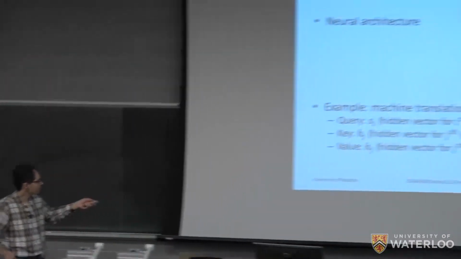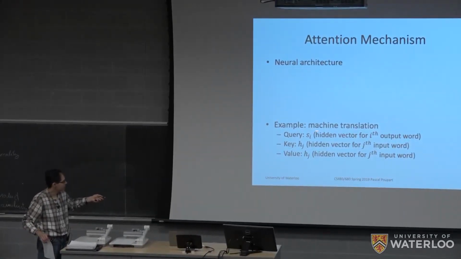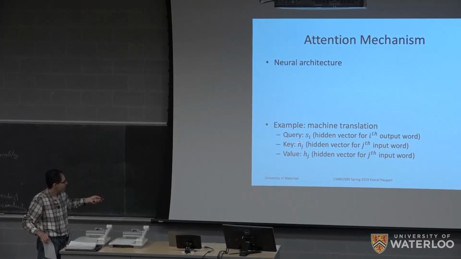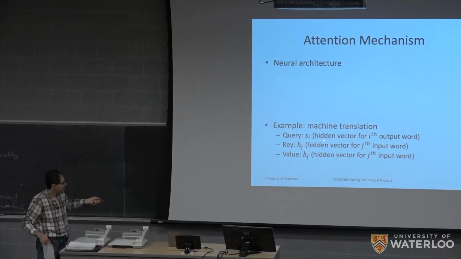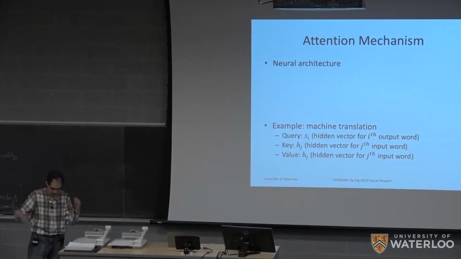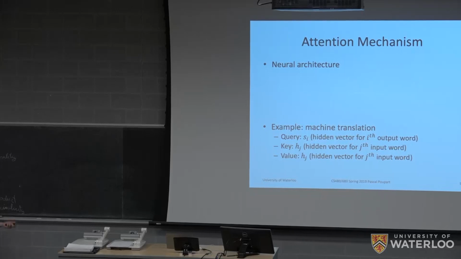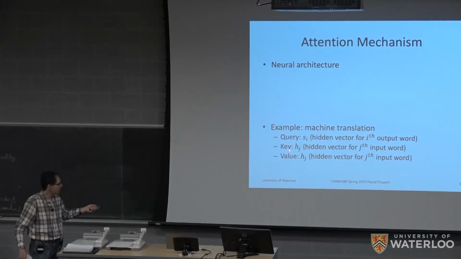Right, so as a concrete example, we've talked about machine translation in a previous set of slides. And here, if I simply use as a query SI, the hidden vector for the ith output word, and then for the keys and the values in this particular setting, I'm going to have the same thing. So both the keys and the values are going to be the HJs.